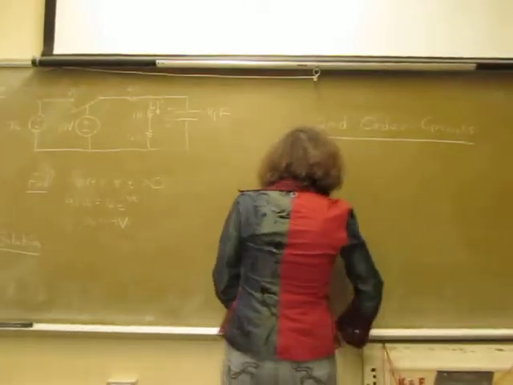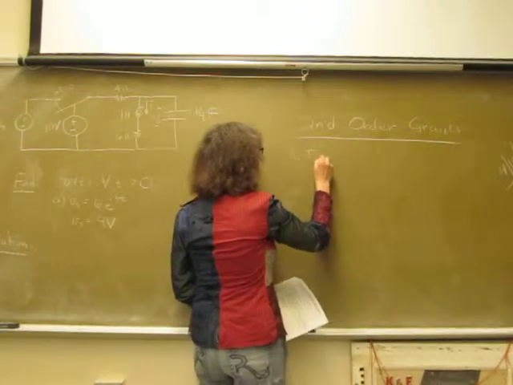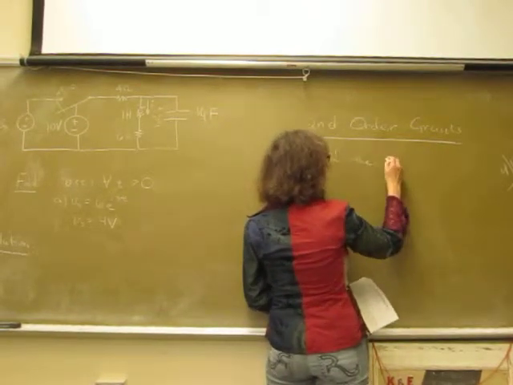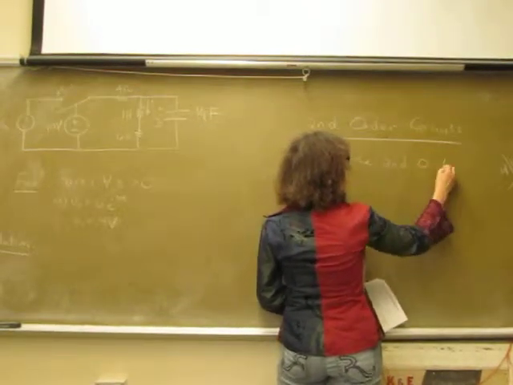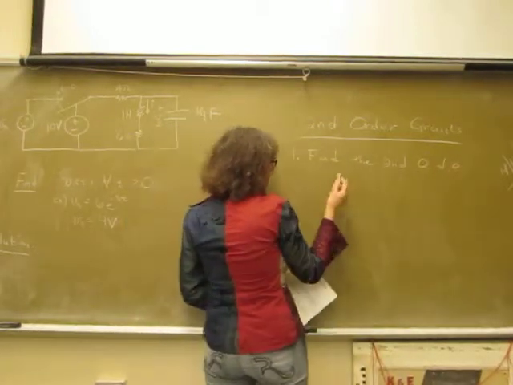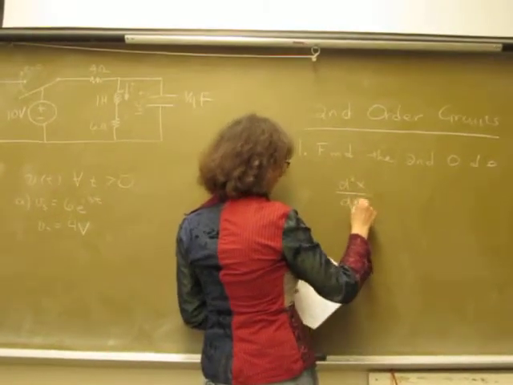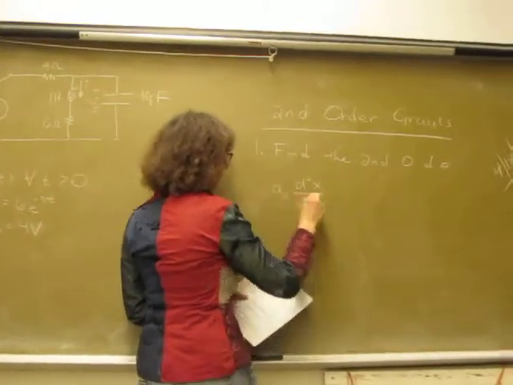Okay, so in that more general case, the first thing you have to do is find the differential equation. And it's going to be a second order differential equation. If it's a second order differential equation, the most general form looks something like this.